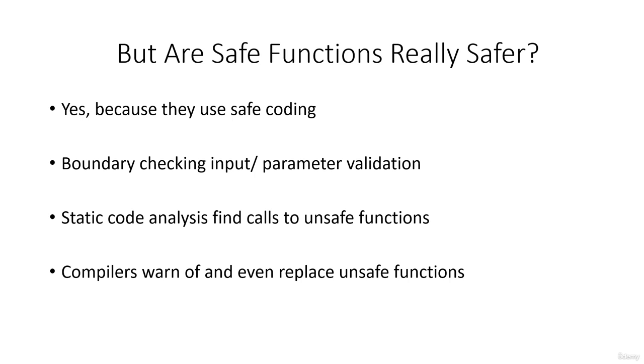Mostly yes, because nowadays developers use safe coding, boundary checking of input or parameter validation, and static code analysis finds calls to unsafe functions, and the compilers warn of and even replace unsafe functions so that they are safe to use and compile.